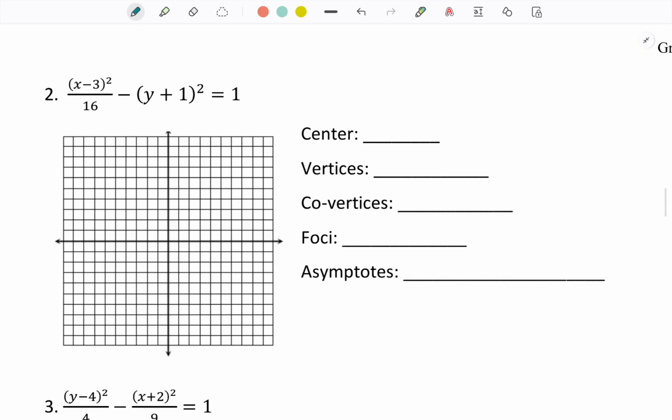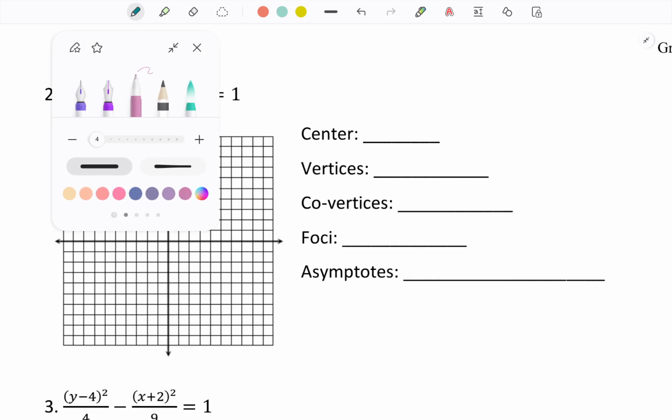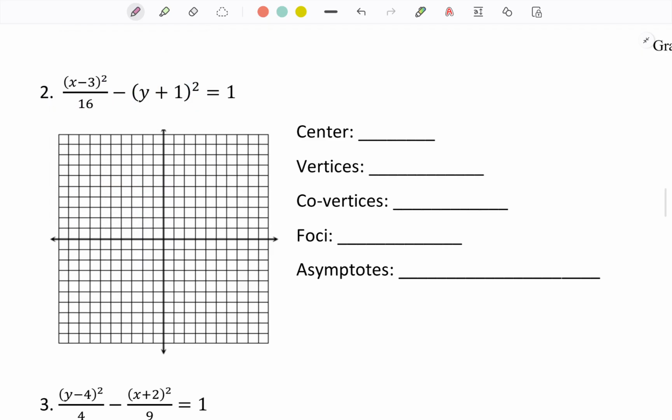All right, so for number 2, we have our center at 3, negative 1. So we're going to go ahead and graph that. So there we go. And then our vertices, well, our a term, because this is going to be horizontal because x is in front, is 4, so it's plus and minus 4.